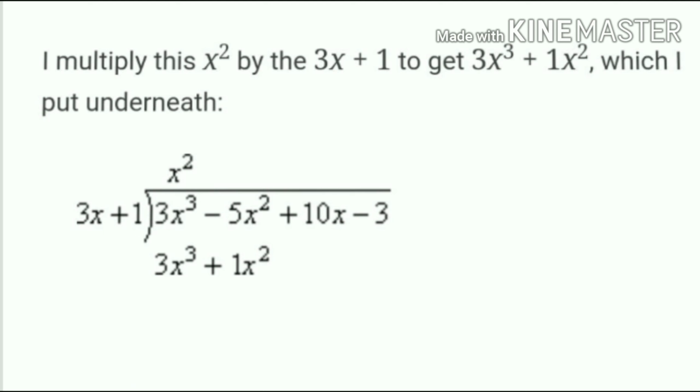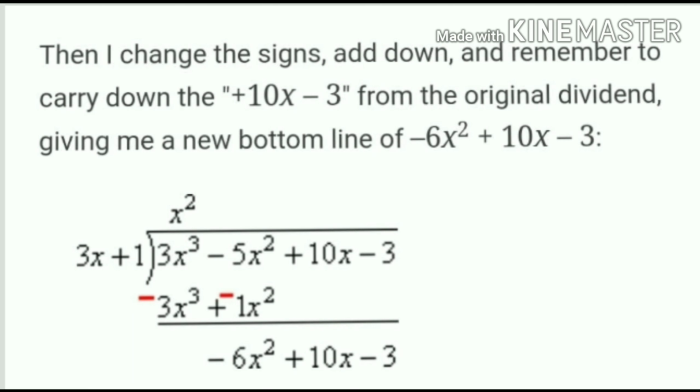We will change the sign, because everywhere we are subtracting, and we know if the subtraction symbol is outside the bracket, all the signs will change. So before 3x cube the sign was plus, now it is minus, and before 1x square the sign was plus, so again it changes into minus.